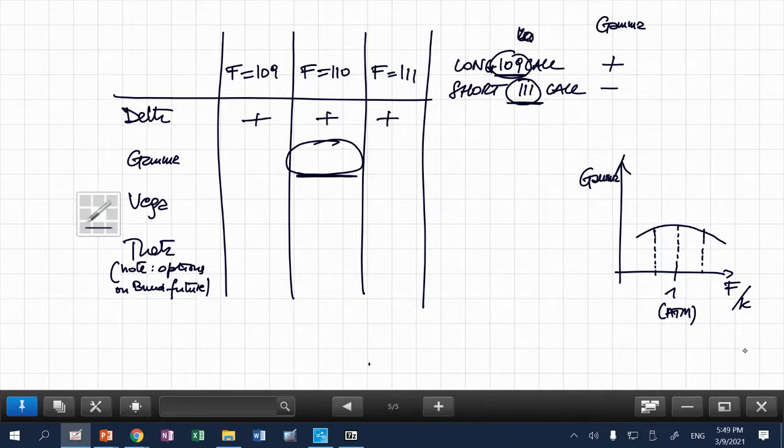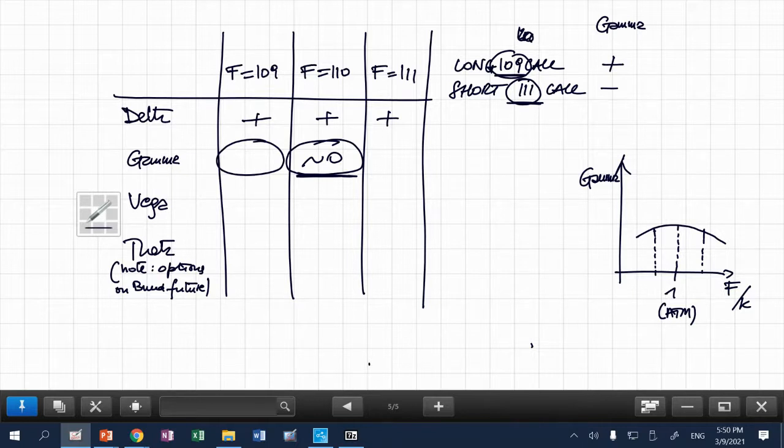And if the gamma is sufficiently symmetric, it means that the two values of the gamma are basically in absolute value identical. And since one is positive and the other is negative, you end up having a gamma which is basically zero. Have I been clear? However, think about what happens if the future trades at 109.